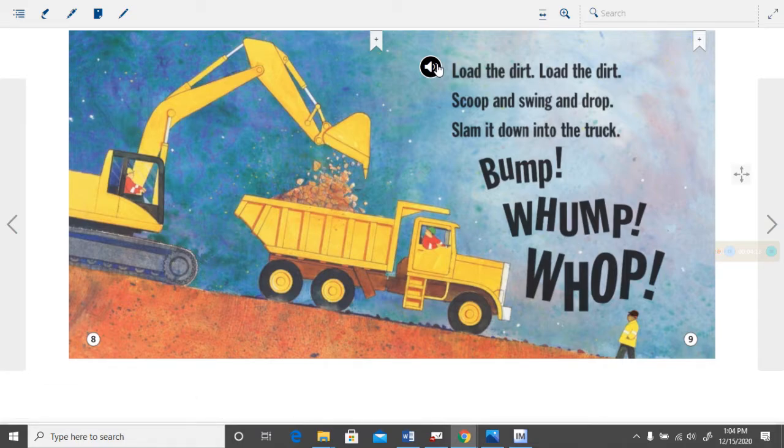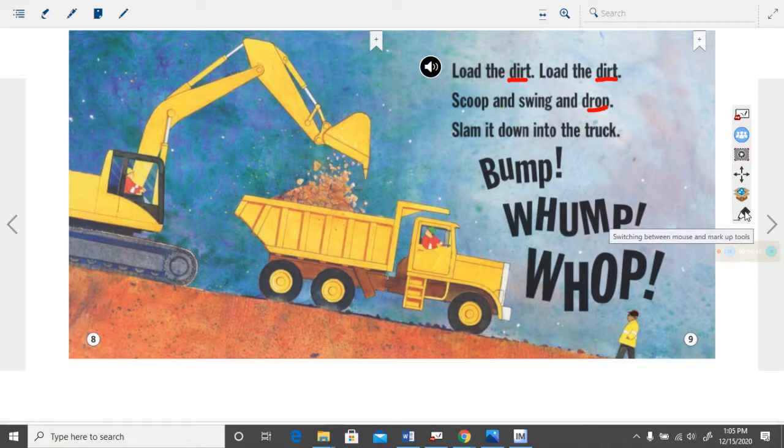Last week we learned about words that began with the letter D, the D sound, and ended with the D sound. What are some words that begin with the D sound on this page? We have dirt, we have dirt again, and we have drop. Those begin with the D sound.